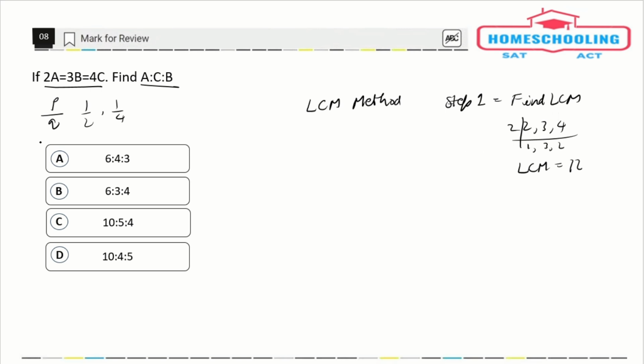Previously, when it was given in P by Q form, what we used to do was find the LCM and multiply it. But here it is in a whole number, so what we're going to do is divide each of them.